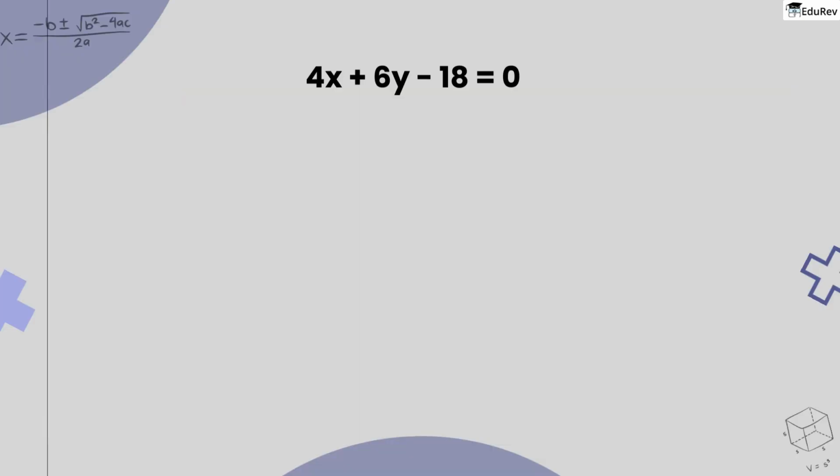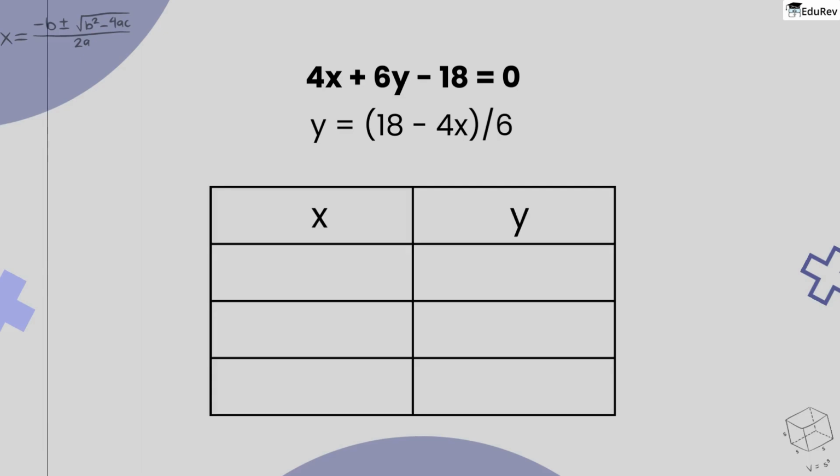Similarly, we write 4x plus 6y minus 18 equals 0 as y equals (18 minus 4x) by 6. Assuming x to be 0, 3 and minus 3, we get y as 3, 1 and 5.